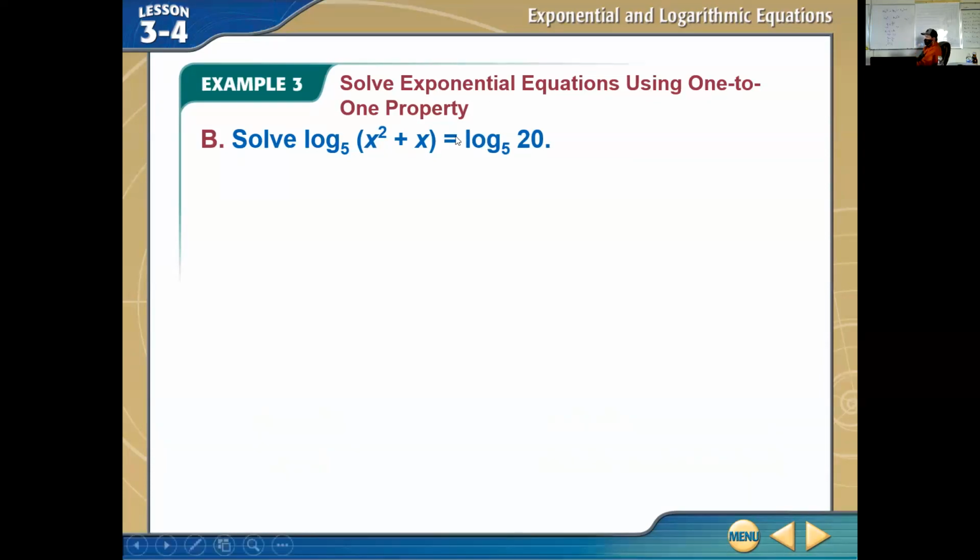With the one-to-one property, I can drop these now and be left with x squared plus x is equal to 20. Okay, but that doesn't really help me. Or it does help me because it isolates and gets rid of the logarithms. And then I'm going to end up having to factor and solve it like a quadratic, if you guys remember from the first semester when we solved quadratics.